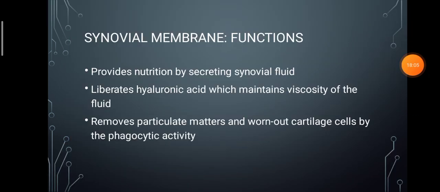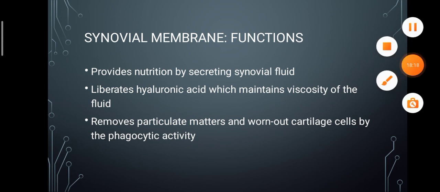Regarding the synovial membrane function, it provides nutrition by secreting synovial fluid. It liberates hyaluronic acid, which maintains viscosity of the fluid. It removes particulate matter and worn out cartilage cells by phagocytic activity.